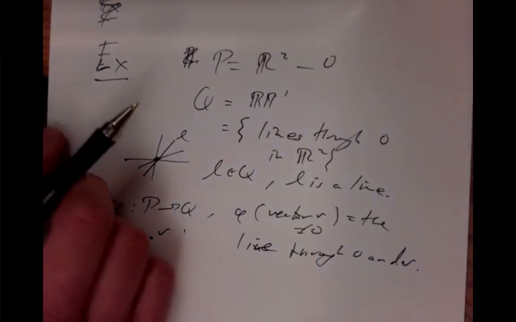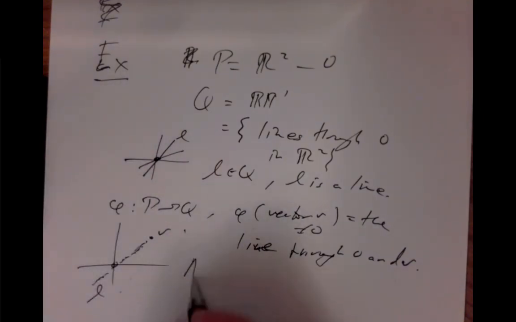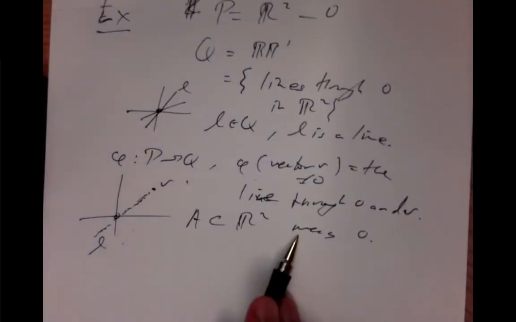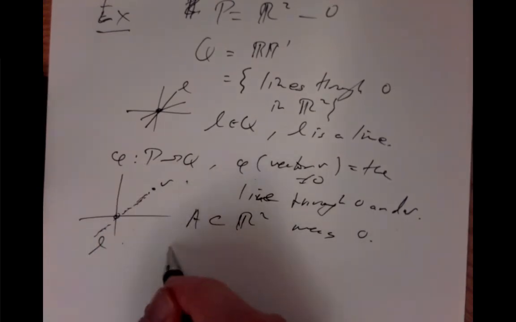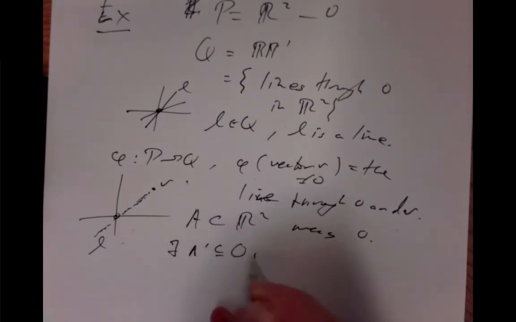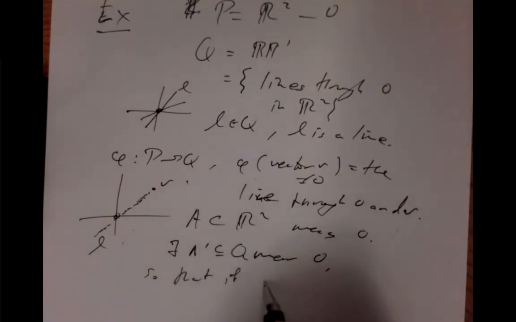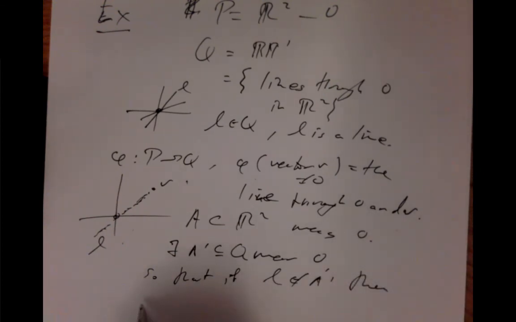And what we can then say is that by this previous result, if we take A inside R2, any measure 0 set, then by the previous result applied to this phi map, there exists some A prime subset of Q, measure 0. So a measure 0 set of lines, so that if some line is not in that measure 0 set, then the line intersects the set A in a measure 0 subset of the line.